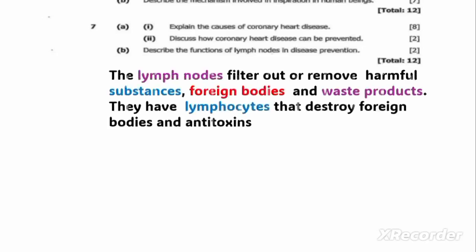The lymph nodes filter out foreign materials, harmful substances, foreign bodies, and waste products. They have lymphocytes that destroy foreign bodies and toxins. So by doing so, the lymph nodes help to fight or to prevent diseases.